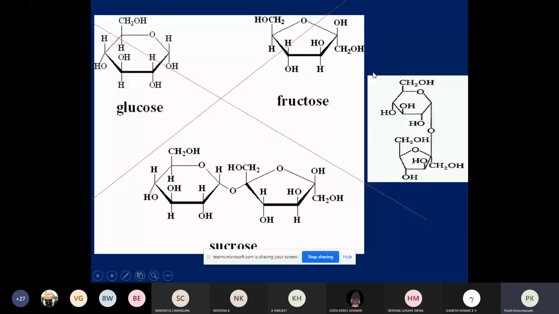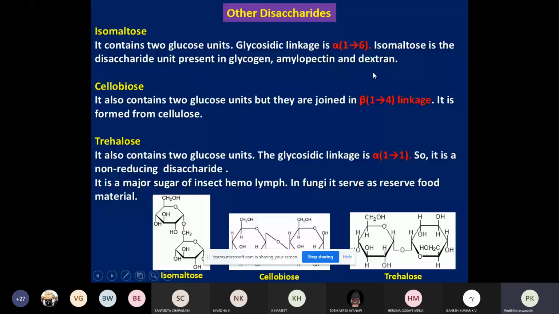And in addition to this, we have other disaccharides like isomaltose. In maltose, the linkage is alpha 1,4, whereas in isomaltose, you can see here, the linkage is alpha 1,6. In the sense, the first carbon of the glucose and the sixth carbon of the second glucose are involved in the glycosidic bond formation.